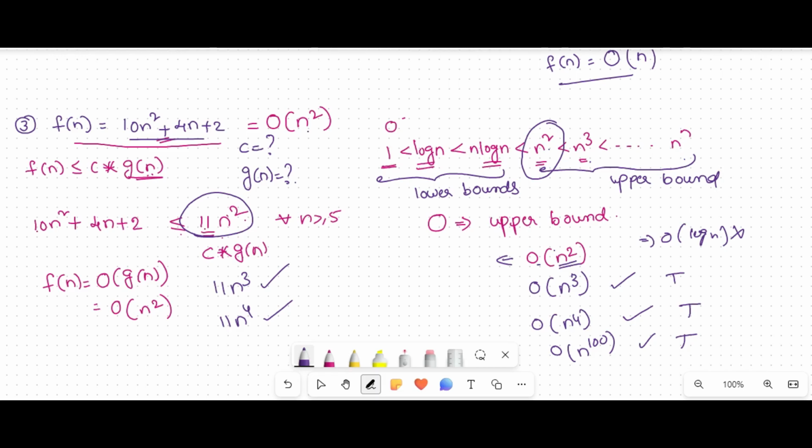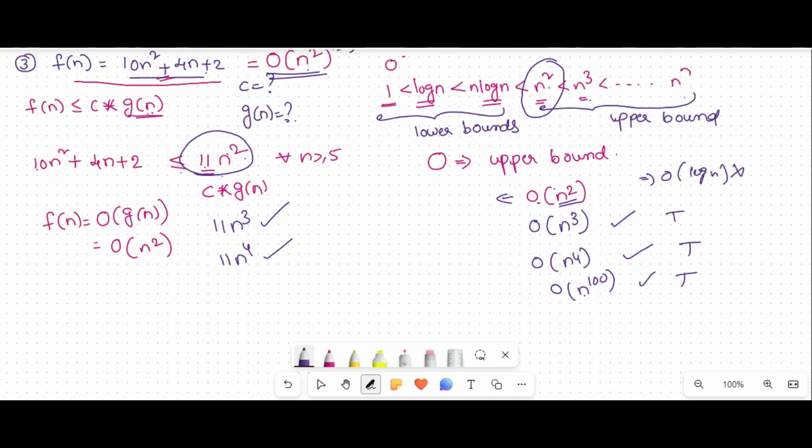Okay. So that's why for this function, the time complexity is order of n square. What is this? Upper bound. Remember, all these are also correct. But the nearer one we will consider.